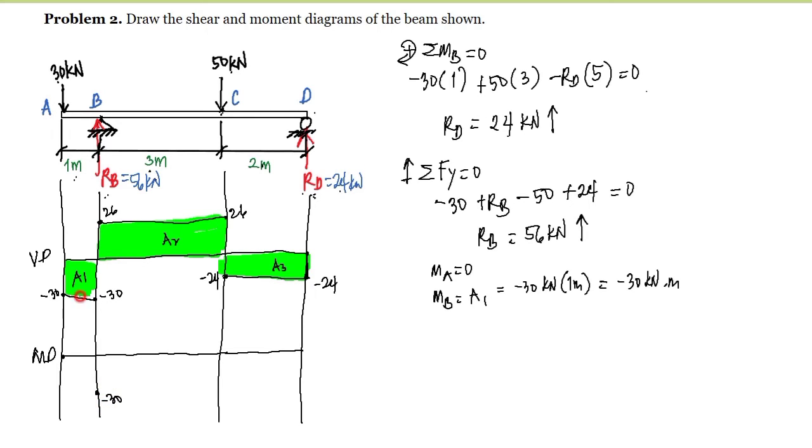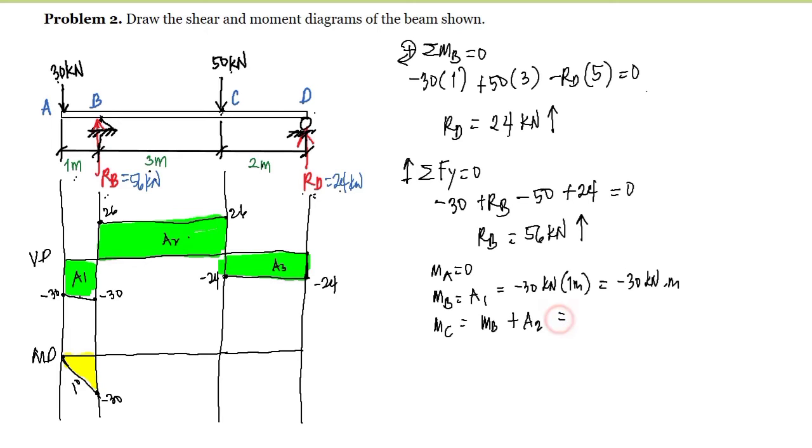Since this is degree 0, always plus 1, so we have here degree 1. This is linear equation. So this would be our moment diagram. Now, for the moment at point C, we have the moment at point C is just equal to the moment at point B plus the area 2. As you can see here, area 2 is positive.